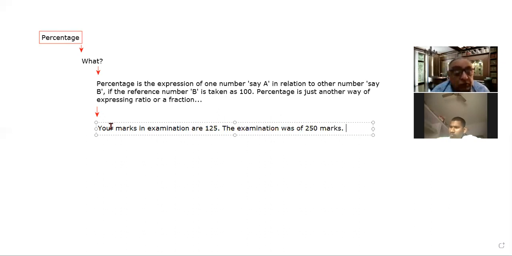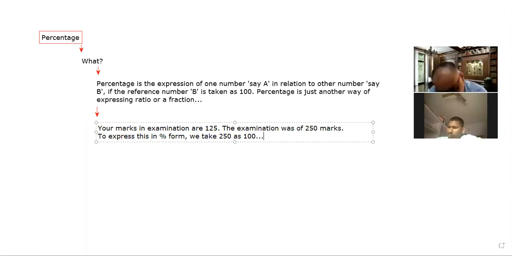So now, to express this in percentage form, we take 250 as 100, right?